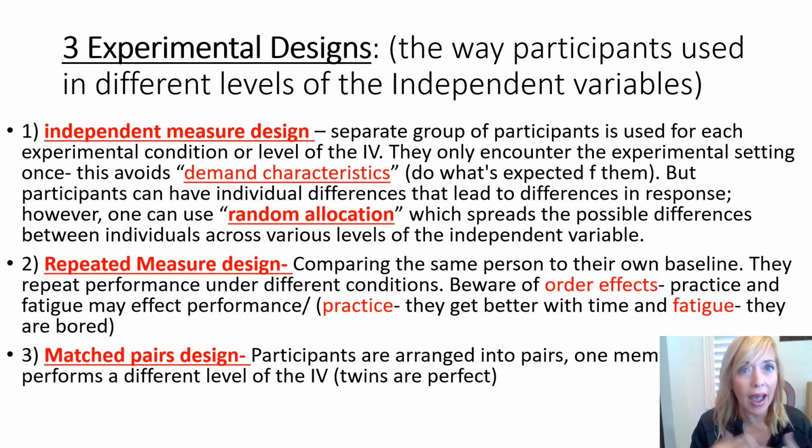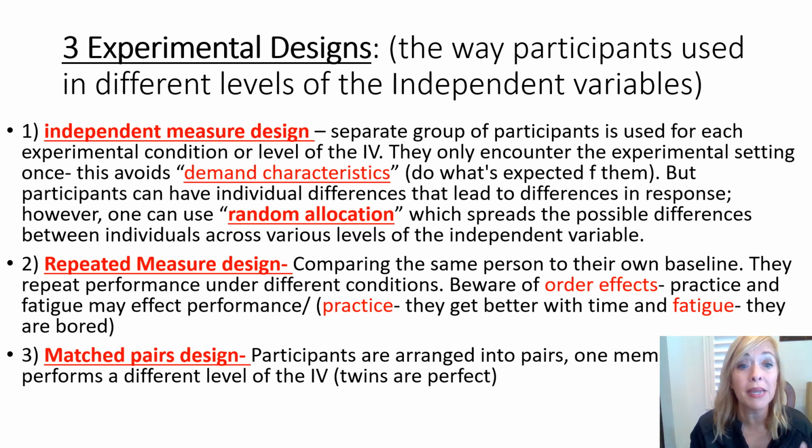You want them to act objectively and do what they're supposed to do on their own. And so independent measure designs try to eliminate those kinds of demand characteristics. Also, you have random allocation, and this is what spreads the possible differences between individuals across various levels of the independent variable. So that's one way that we can do an experiment, an independent measure design, number one.